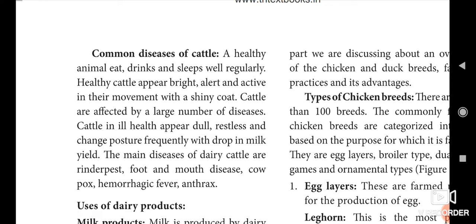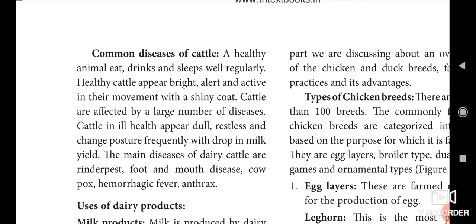Cattle in ill health appear dull, restless and change posture frequently with a drop in milk yield. The main diseases of dairy cattle are rinderpest, foot and mouth disease, cowpox, hemorrhagic fever and anthrax.